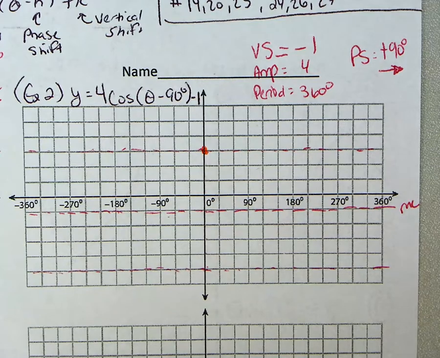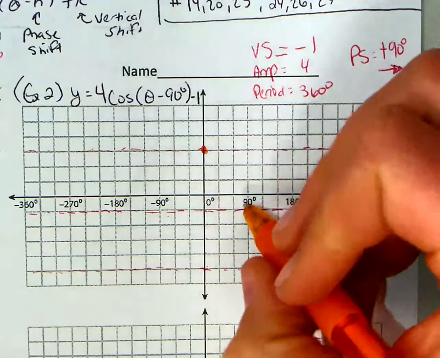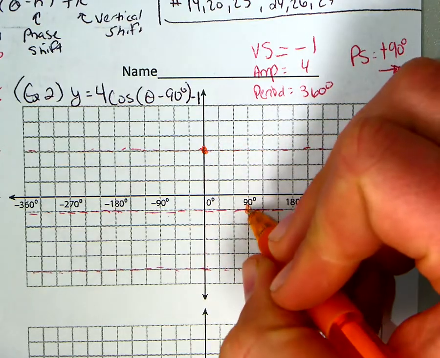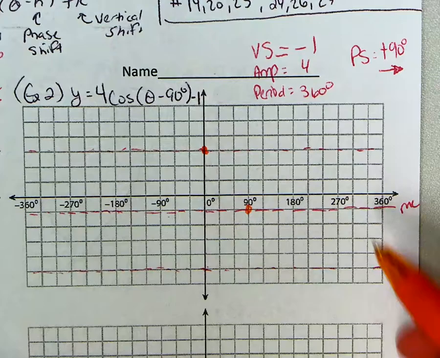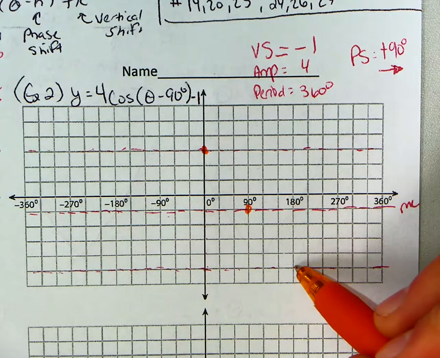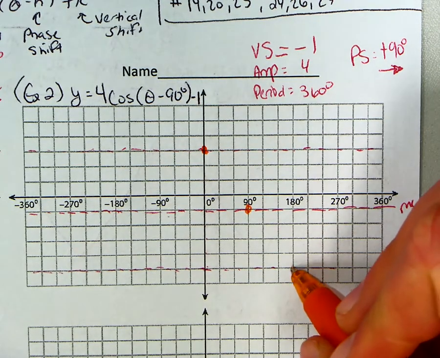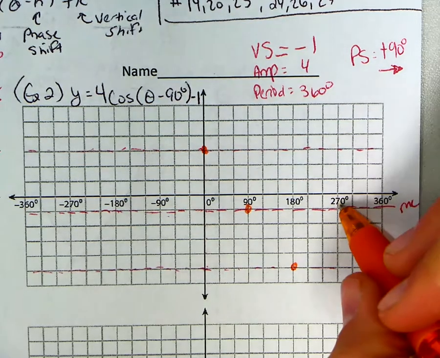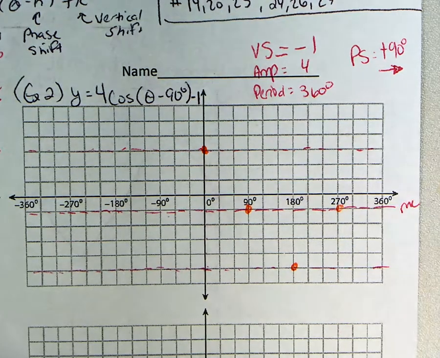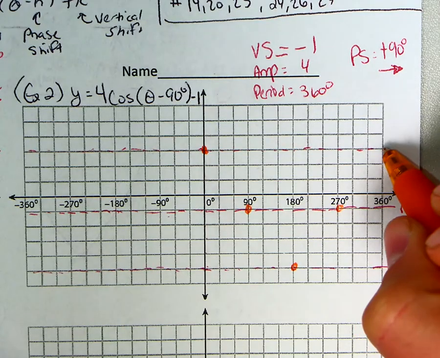Then at 90 degrees, this is where our graph is hitting the midline. So remember, our midline is at negative 1, not here. So there's our midline. At 180, it's now at negative 5. At 270, it's back at the midline. And at 360, it's back to the max line.